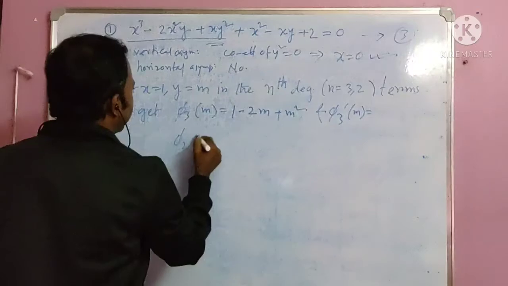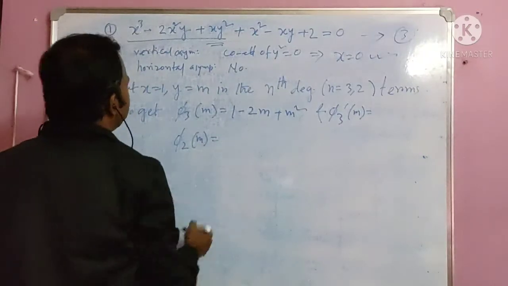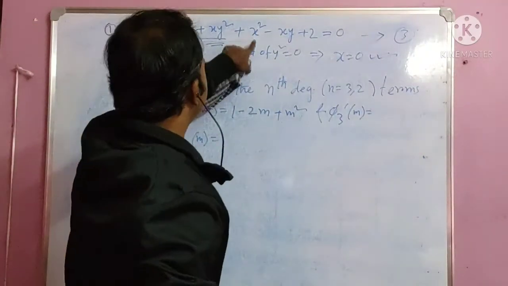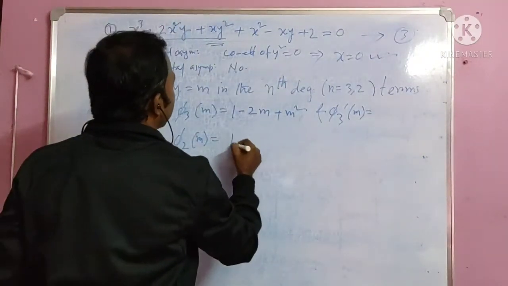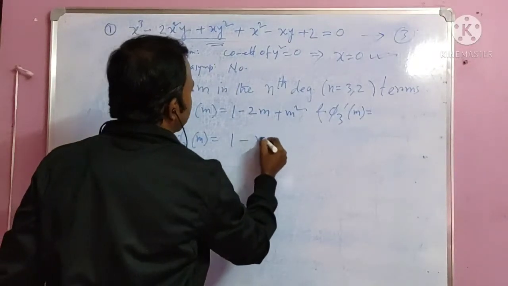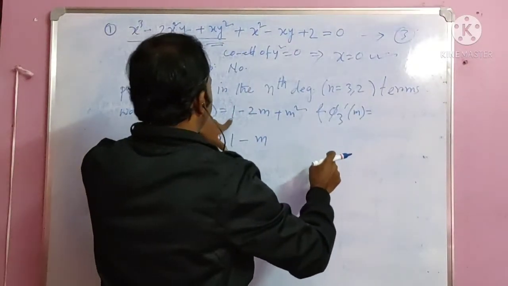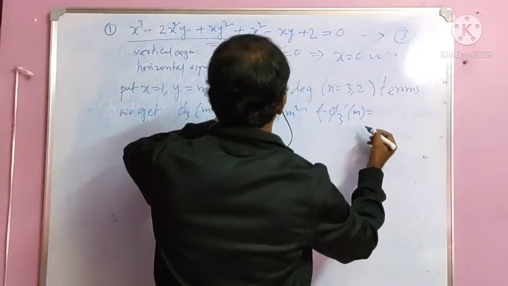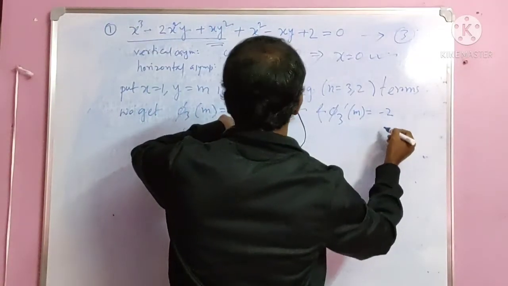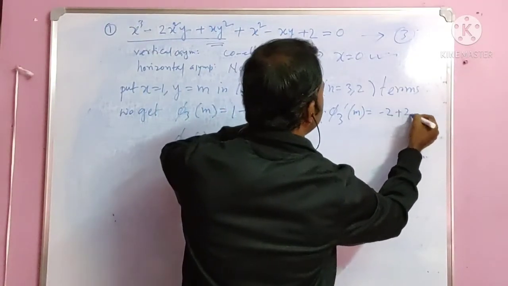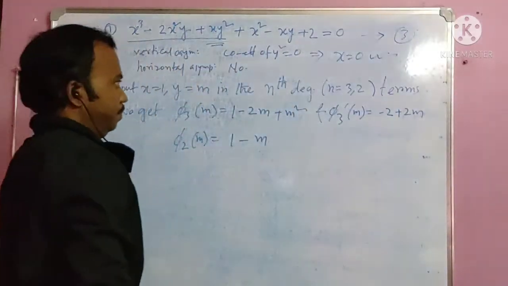First we write down phi 2 m. Phi 2 m is this portion, x square minus xy. This phi 3 dash m is equal to minus 2 plus 2m.